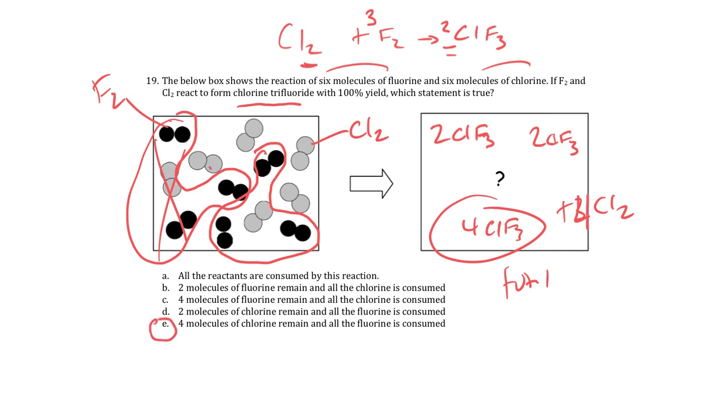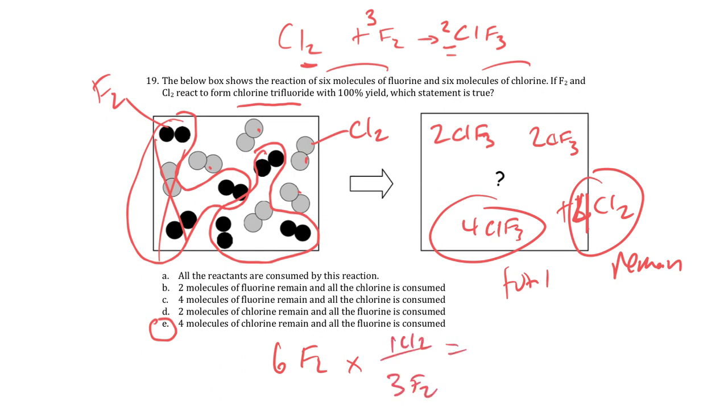I miscounted here. So there's 1, 2, 3, 4. So 4 molecules of Cl2 remain. All the fluorine's consumed. Now you can double check. You can say 6 F2s, for every 3 F2, we need 1 Cl2. So obviously that's 2 Cl2 molecules that are needed, and we had 6, so 4 left over.